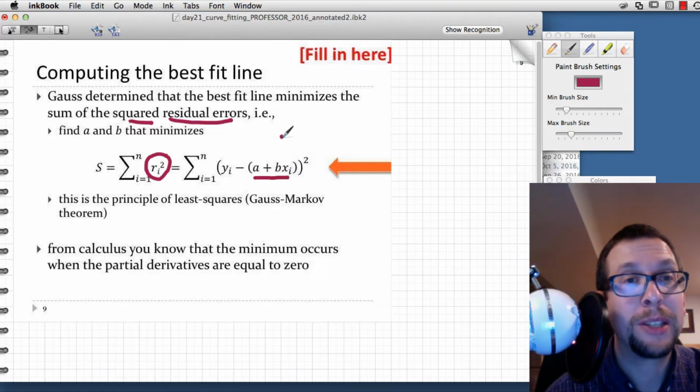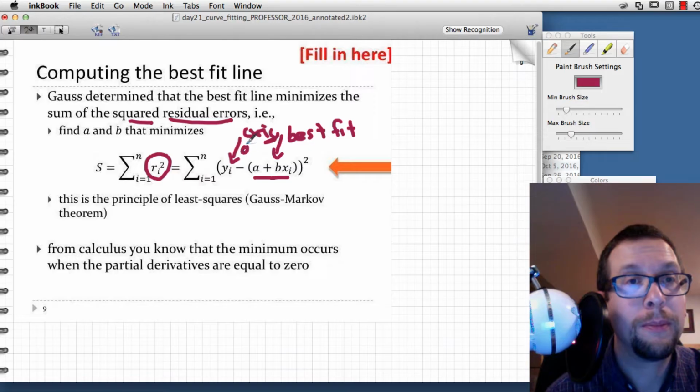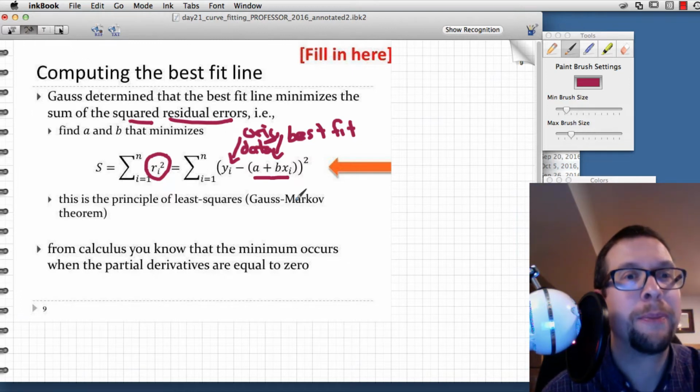That's that best fit, right? That's your original data. You subtract one from the other, and this is your residual error. And eventually what we want to do is make those values as small as possible by making the line the best possible line.